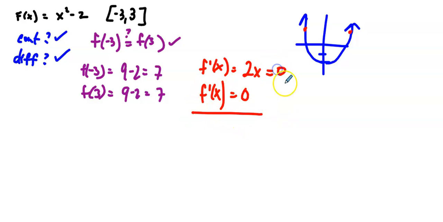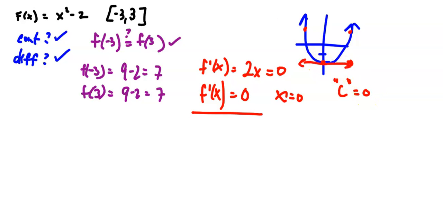If we set this equal to 0, we get x equals 0. At x equals 0, we get a horizontal tangent, y equals 0, so the slope is 0. The c value is really the same thing as the x value. So when c is equal to 0, we get a derivative of 0.